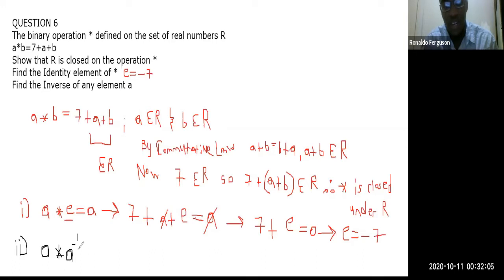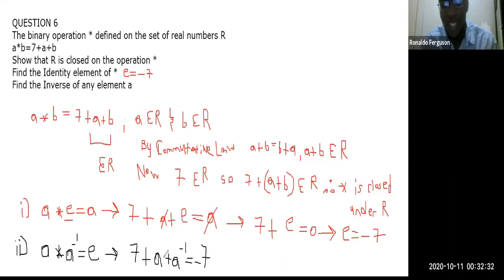And we need to carry out that operation such that the result gives us E. So what we're solving is A star A to the -1, we get 7 plus A plus A to the -1, and that result is going to give us E. Now what is E? E is negative 7.